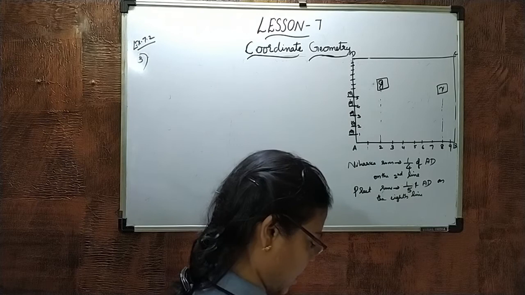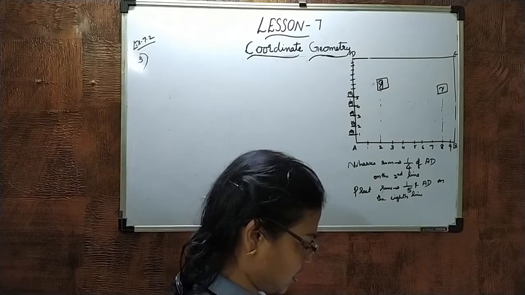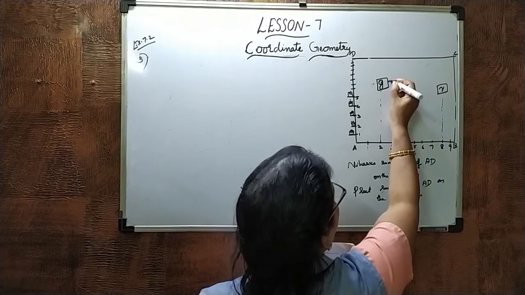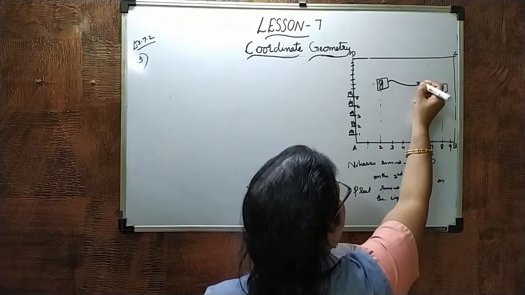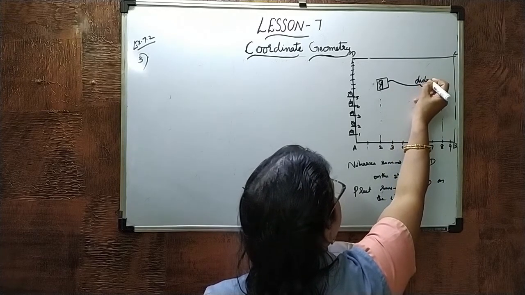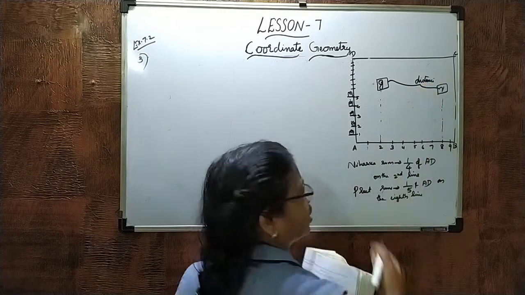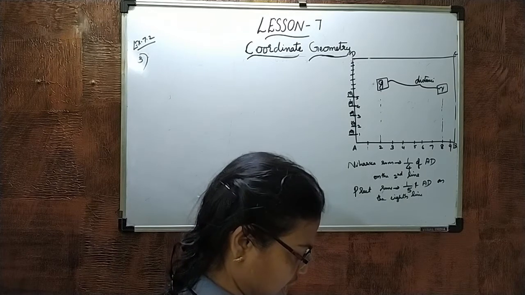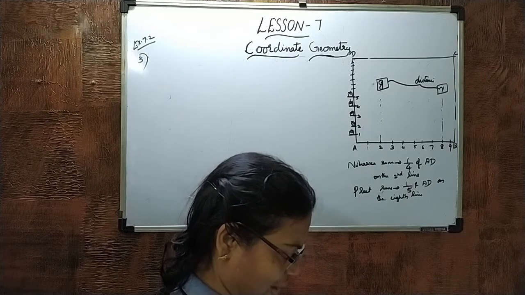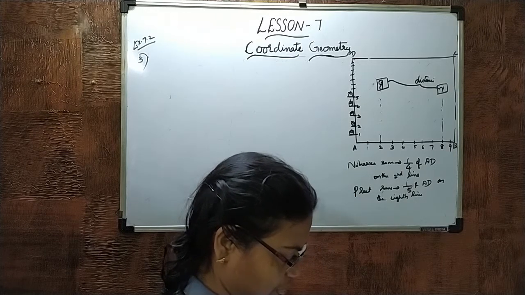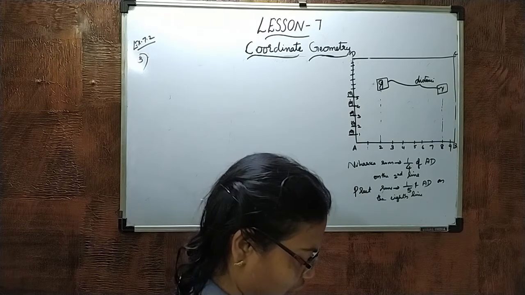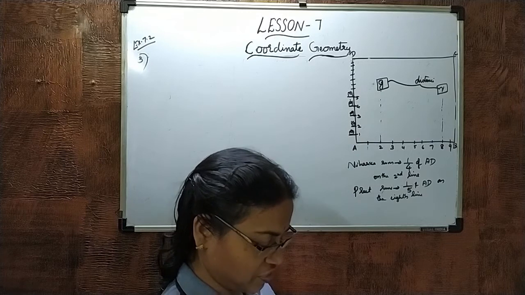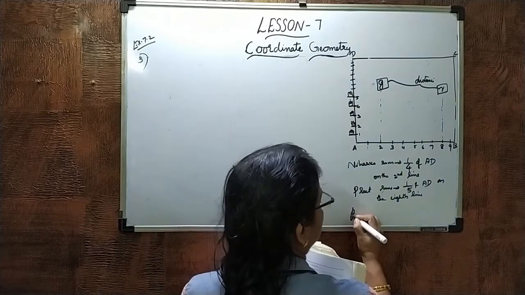Then what is the distance between both the flags? So you have to find out the distance between these two flags. Then one more thing. If Rashmi has to post a blue flag exactly halfway between the line segment joining the two flags, where should she post her flag?